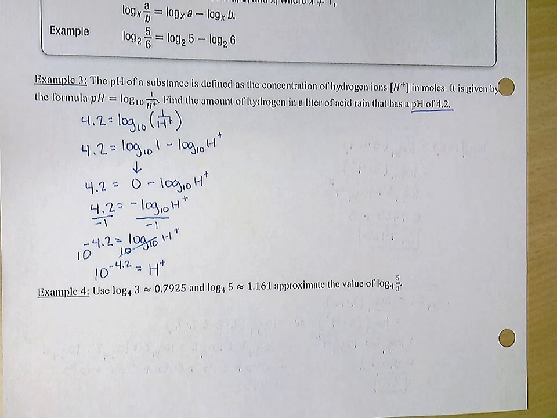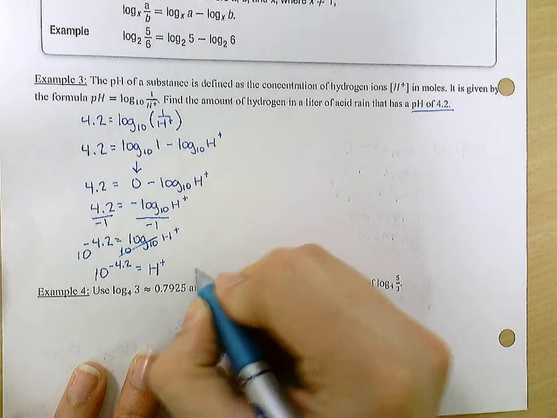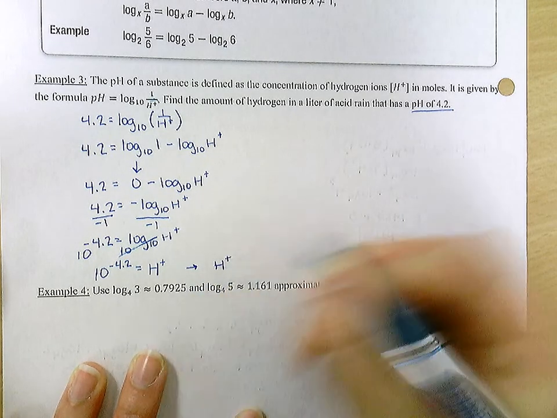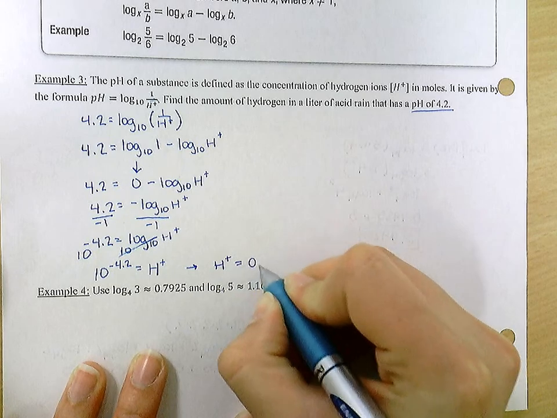If you enter that into your calculator, 10 raised to the negative 4.2 power, you're going to get a small decimal here.